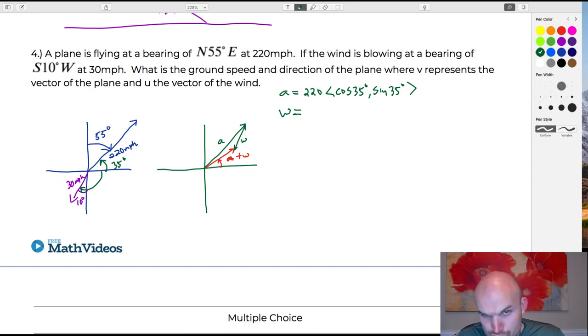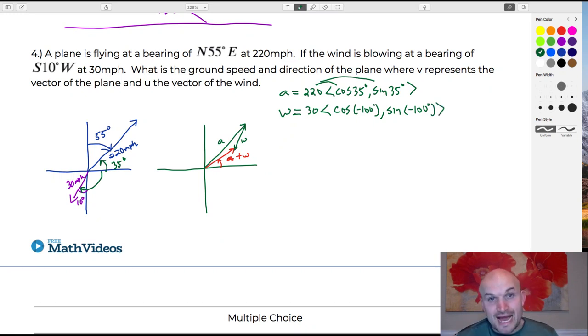And this one, you could just distribute that all the way through. That'd probably be easier to understand. Just make sure you remember you can distribute that like I already showed. So the wind is at 30 miles per hour, and that's going to be times the cosine of negative 100 degrees, comma, the sine of negative 100 degrees.